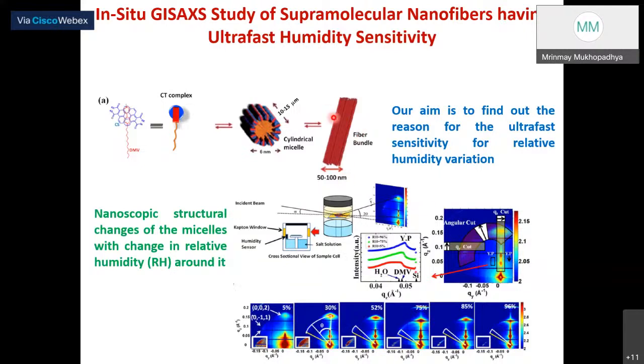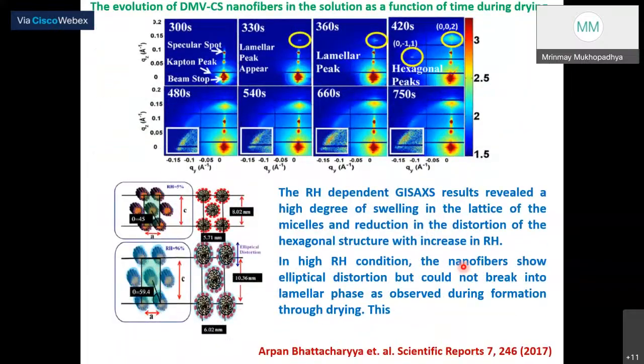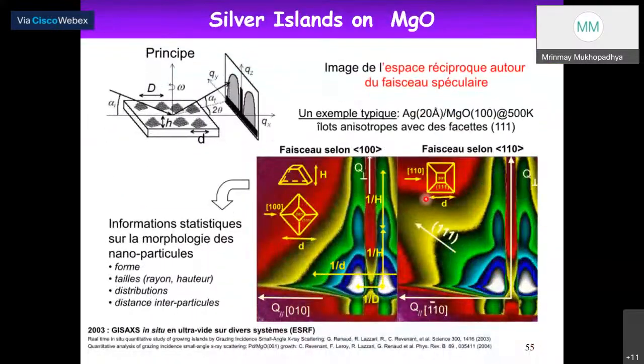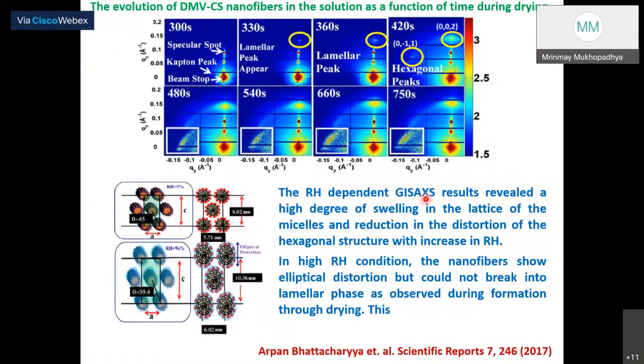What we have done is look at how this humidity or water molecule goes into the vesicle or micellar forms of these fibers, and how it is changing, and that can be determined by the GISAXS measurements. So this is basically the summary of that.